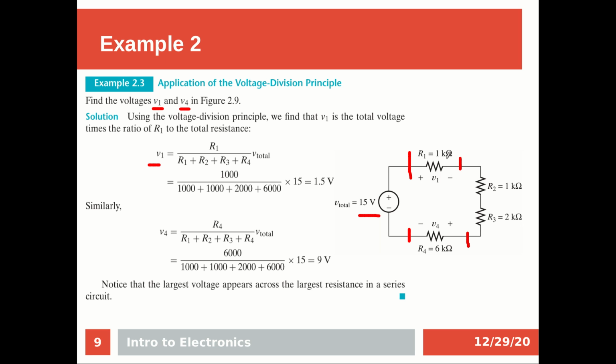See here that 1k is 1000 and 2k is 2000. Remember that. You substitute all the values, very easy, and you get the final value of 1.5. For V4 it is the same, but you use the value of R4, which is 6000, or 6 kilo ohm.